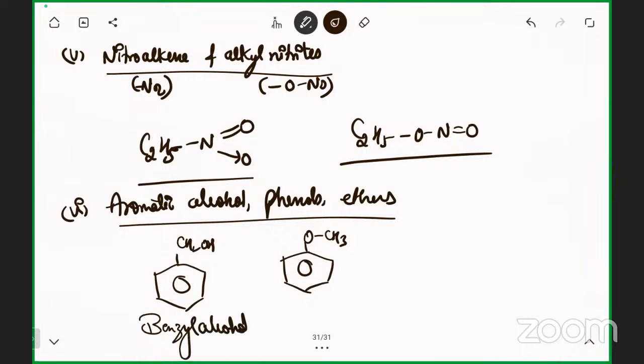Benzyl alcohol. Anisole. So see, both have a benzene ring, both have one carbon, both have 3 hydrogen, both have 1 oxygen. Molecular formula is the same, but one has the alcoholic functional group, another has the ether group. So they both are known as, again, functional isomerism. See, you guys are not revising the IUPAC. I think that's why you still don't know what is this, benzyl, benzo, and benzyl.